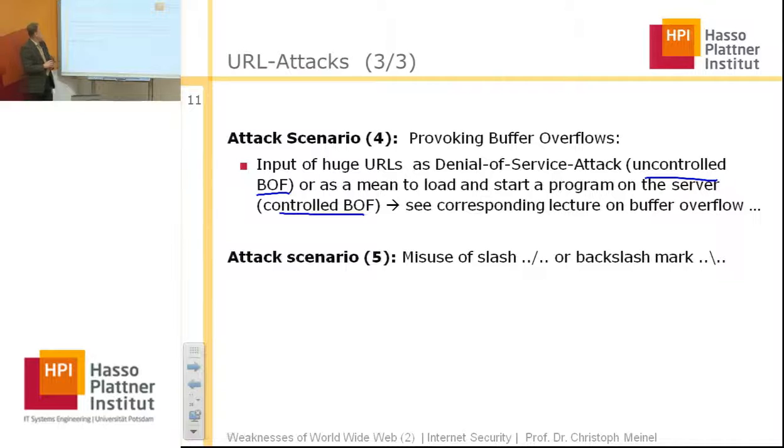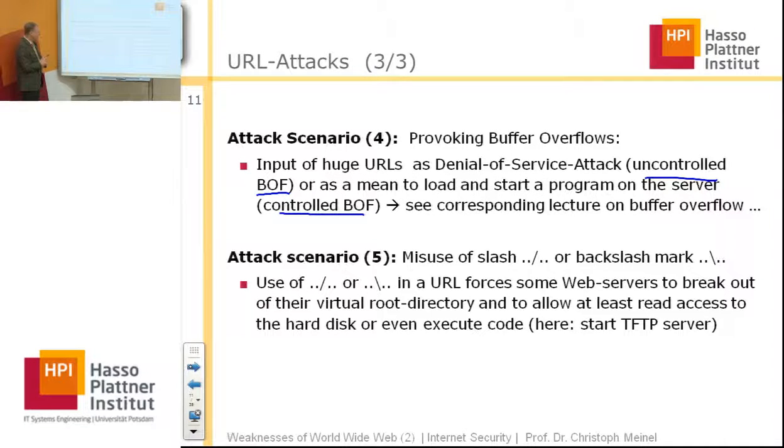Another URL attack scenario is again using some special marks, in this case the misuse of slash and backslash. The use of slash and backslash in a URL forces some web servers to break out of their virtual root directory and to allow at least read access to the hard disk or even to execute code.